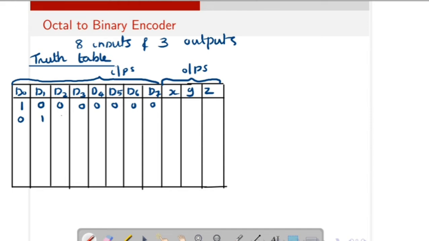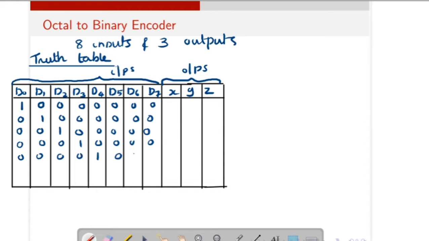Then next D1 is equal to 1 and all others are 0. Then next D2 is equal to 1 and all others are 0. Next D3 is equal to 1, all others are 0. Then D4 is equal to 1 and all others are 0. Then D5 is equal to 1 and all others are 0. Then D6 is equal to 1 here. Then last D7 is equal to 1.